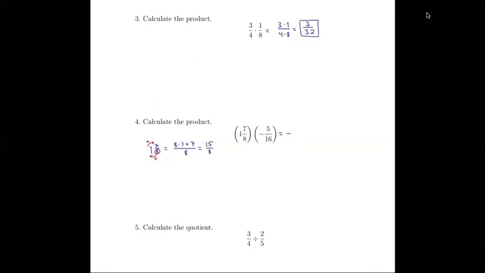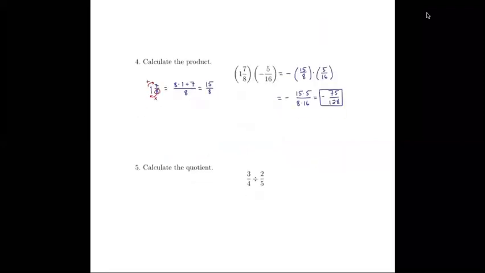Now we have out front, that minus sign's been moved over there just to keep it out of our way. We have 15 over 8 times 5 over 16. And now we're back at normal fraction multiplication. So we'll multiply the numerator times the numerator and the denominator times the denominator. So we have 15 times 5, calculator might be handy here, over 8 times 16. And we have, in this case, negative 75 here, and then 128 for the bottom one. Calculator can help with the steps. And also remember, a calculator can do this overall too.